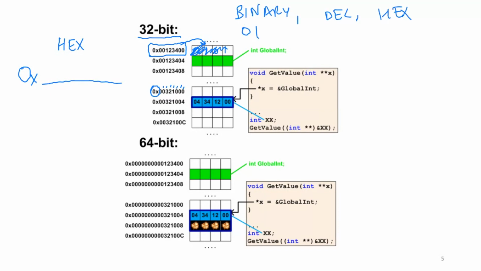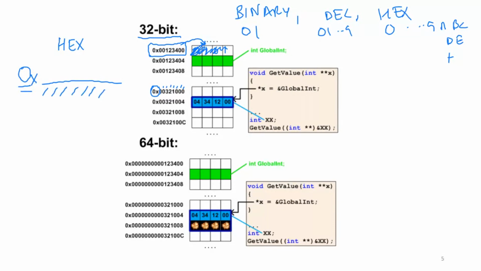In binary we have 0, 1, in decimal we have 0, 1 to 9. In hex we have 0 till where? 9, then A, B, C, D, E, and F. Am I right? Everybody's comfortable with that? So first of all, tell me if you're all comfortable with binary, decimal, and hex. Okay, so whenever you have this 0x, it means that whatever follows are the hex digits.